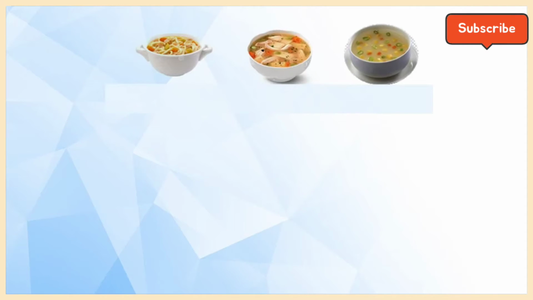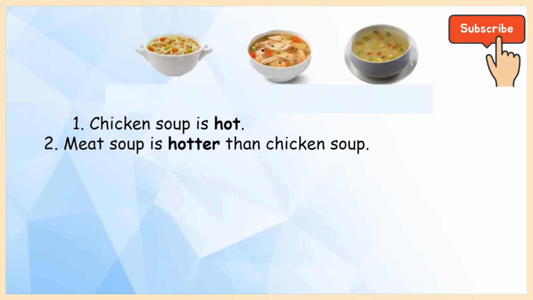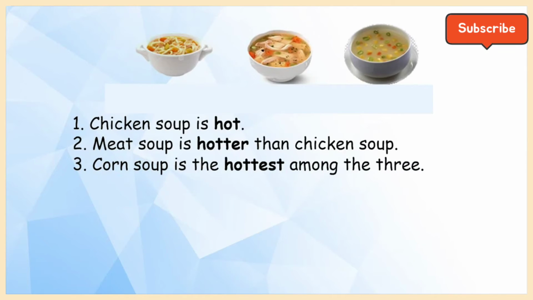Compare the three kinds of soup. Read the sentences below. Chicken soup is hot. Meat soup is hotter than chicken soup. Corn soup is the hottest among the three. In sentence 2, which is comparative degree, what is added to the word hot?